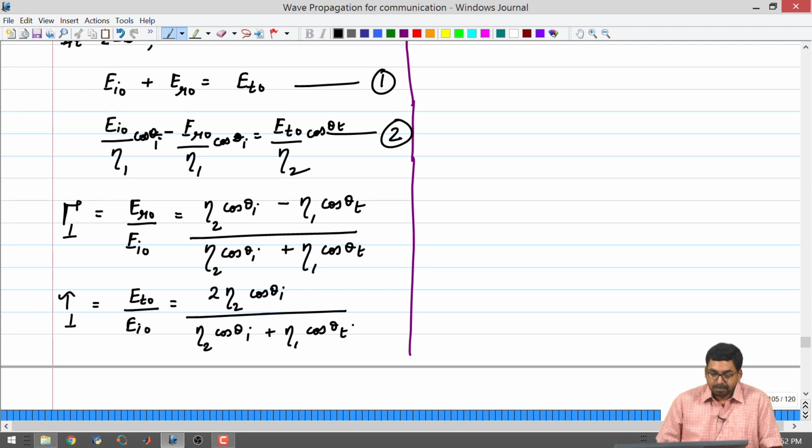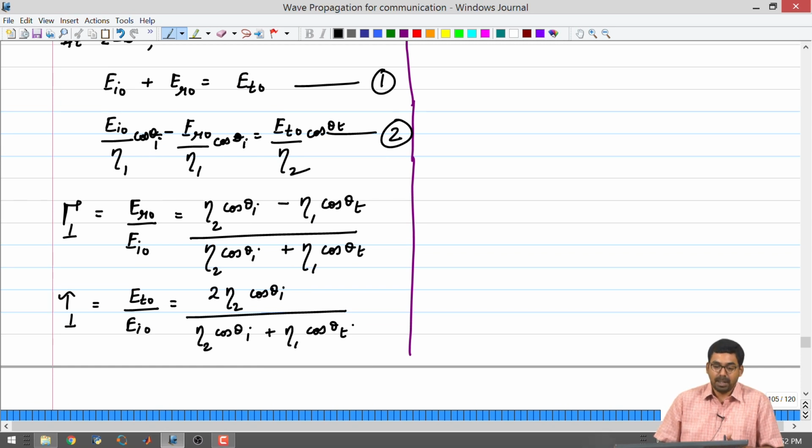Given a problem like this, you should be able to estimate gamma and tau, and also, if an incident wave electric field is given, figure out what the reflected electric field and the transmitted electric field are going to be.